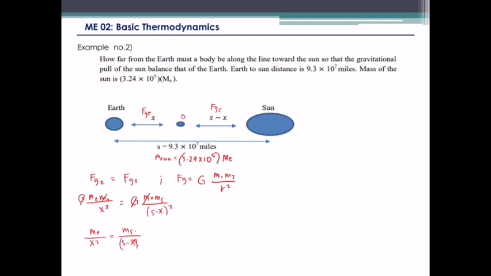While our MS, by the way, is actually 3.24 times 10 to the power 5 times the mass of the Earth, over s minus x squared. So the mass of the Earth cancels again. So we cross multiply.